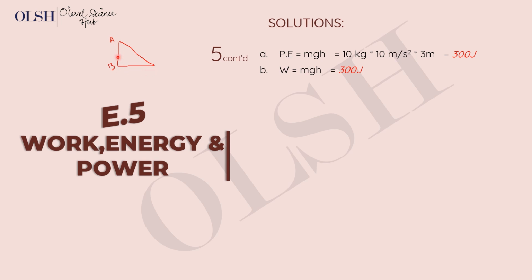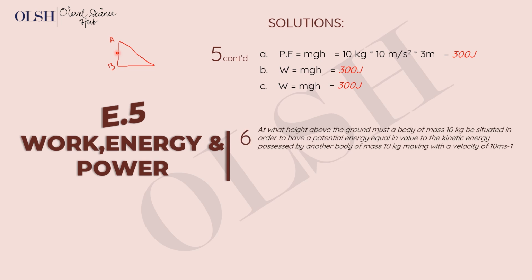Okay, without using this incline. If it's just lifted from B to A, what work is done? We still have the same formula for work, mass times gravity times height. So the mass remains 10 kg, gravity remains 10 meters per second squared, and the height remains 3 meters. So what's the work done? Same thing. So we're going to have the same answer all through.